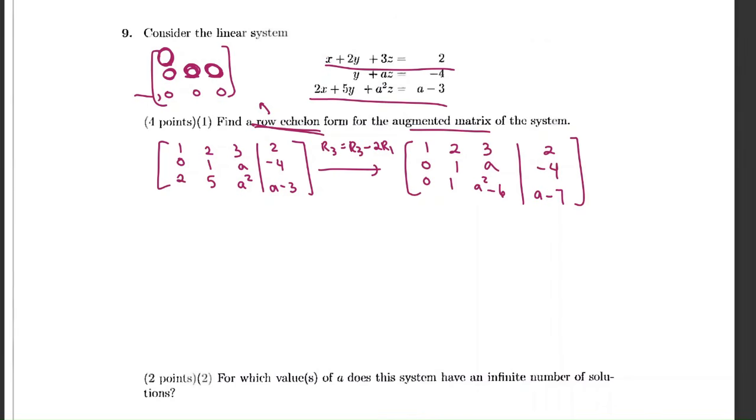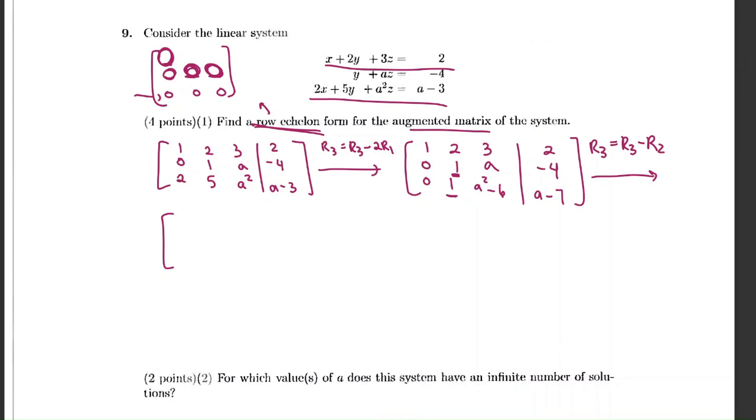This is not in row echelon form yet, right? Because our leading entry in this row is not to the right of this entry. So we can keep reducing, I'll do row 3 equals row 3 minus row 2.